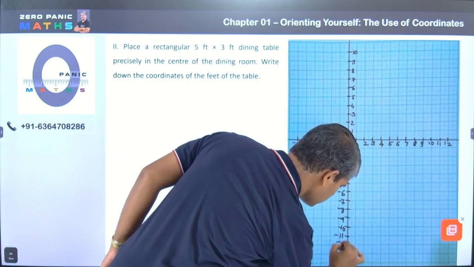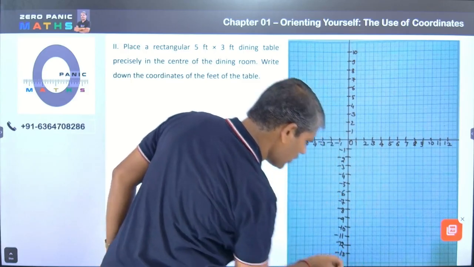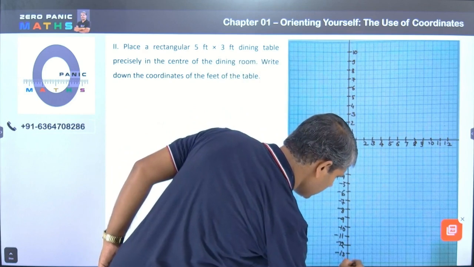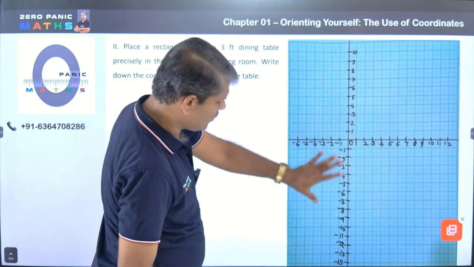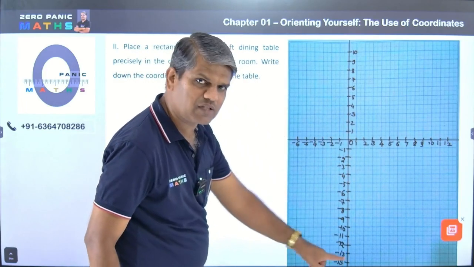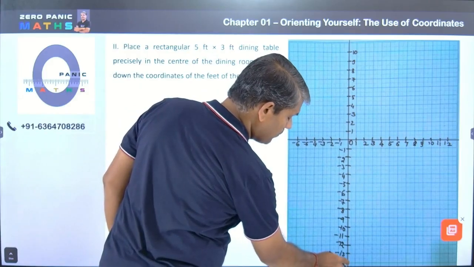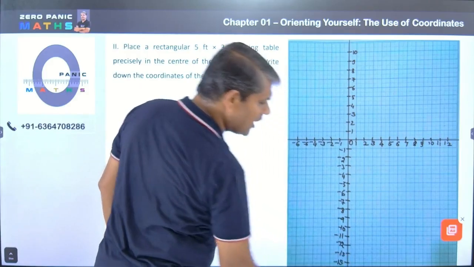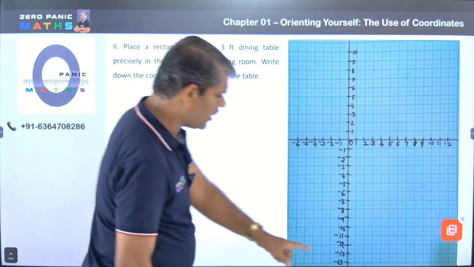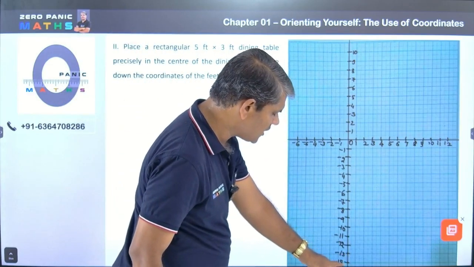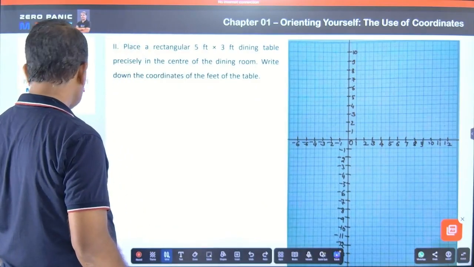Minus 11, minus 12, minus 13. Assume that minus 15 is also there. It is actually minus 14, but there is no space, so I assume that this is minus 15. You have to practically mark a point minus 14 here and then minus 15 over there. For the identification of the coordinates, I have represented this as minus 15, but it is actually minus 14.